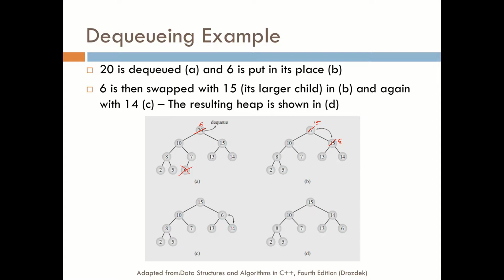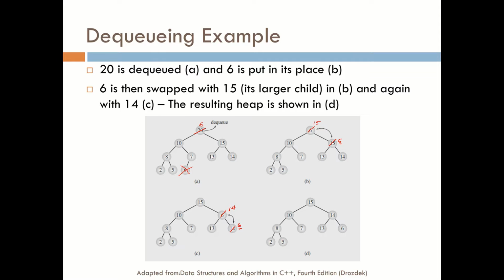I will take the greater child, in this case 14, and swap that with 6, giving us this tree. Now we're still heaping down, but we're at the leaf. Remember, that's one of the conditions to terminate the heap down. We're at the leaf, and so there's no more heaping down to be done.